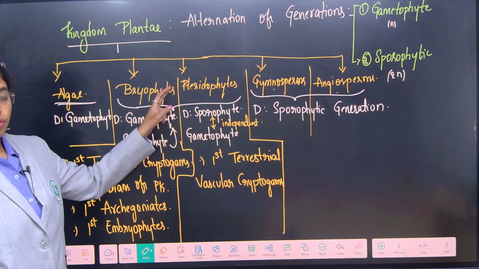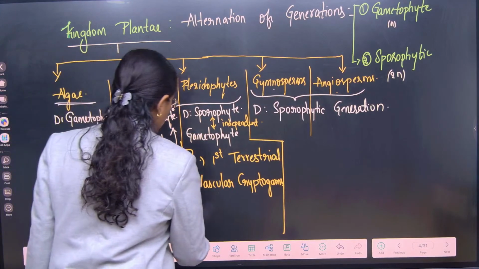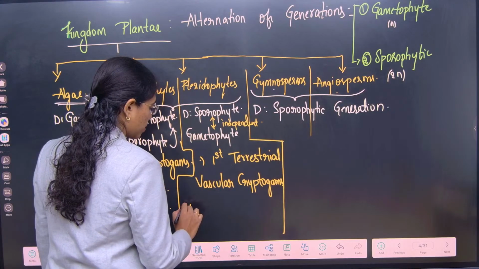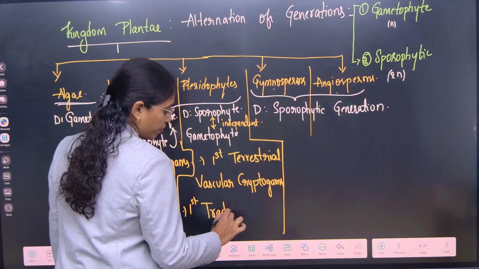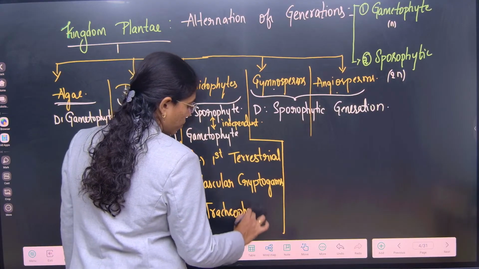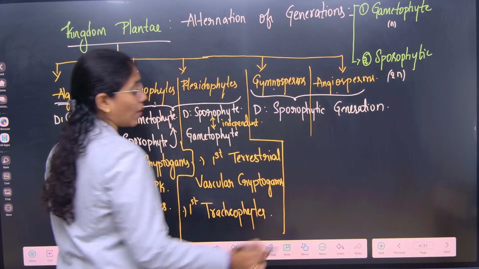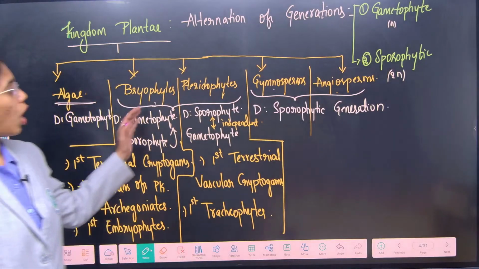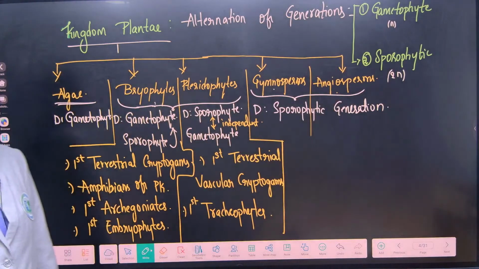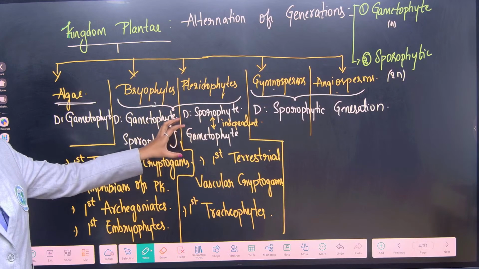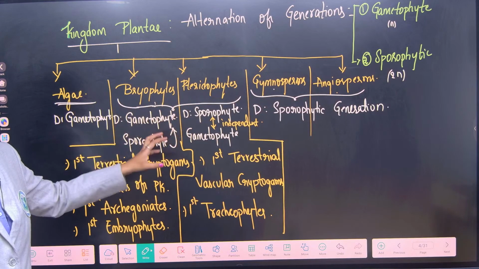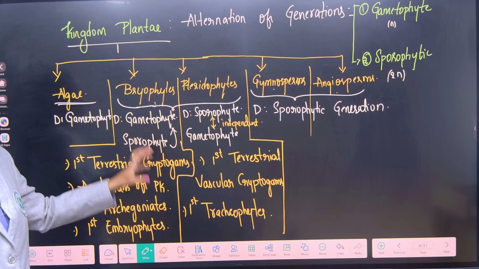What are they? Pteridophytes, and these are known as the first tracheophytes, because the vascular tissue that is common in all the vascular plants is tracheates. So, the first tracheate-exhibiting organisms are pteridophytes. So, they are addressed as first tracheophytes.